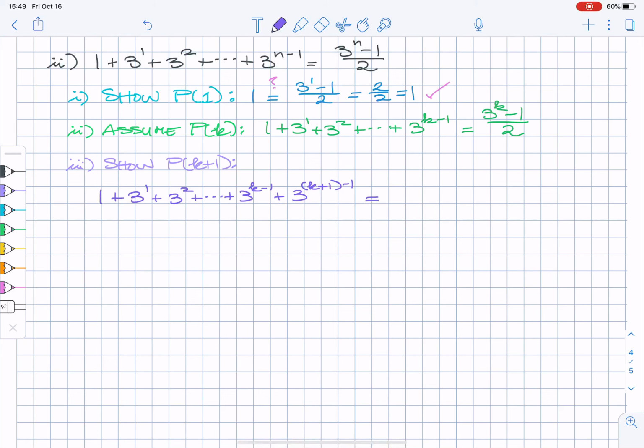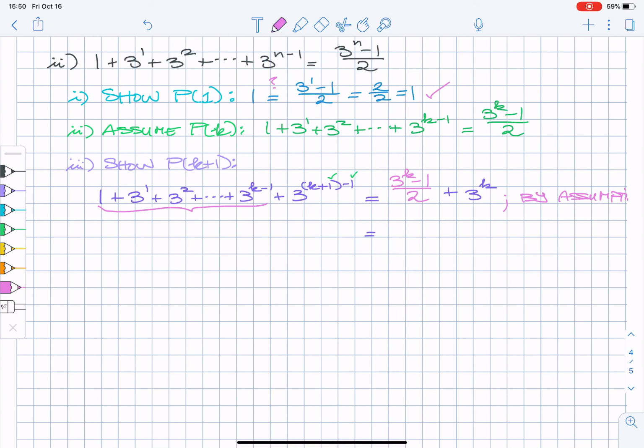Well, what is that equal to? I claim that the first k terms are 3 to the k minus 1 over 2. Then I have the plus 3 to the k, because the plus 1 minus 1 goes away, and that is by assumption, the pink part, right? Okay. So I'd like to get a common denominator.